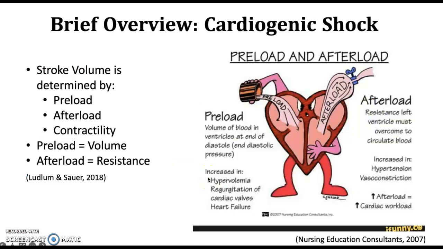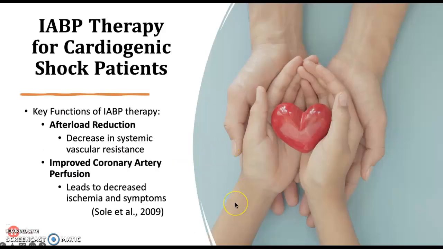All right, so if we go on, here we go back to our intra-aortic balloon pump therapy, and specifically for cardiogenic shock patients. I just want you guys to have an understanding of what the key functions of this balloon pump therapy are.